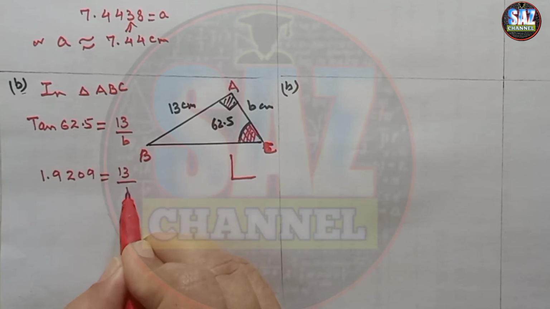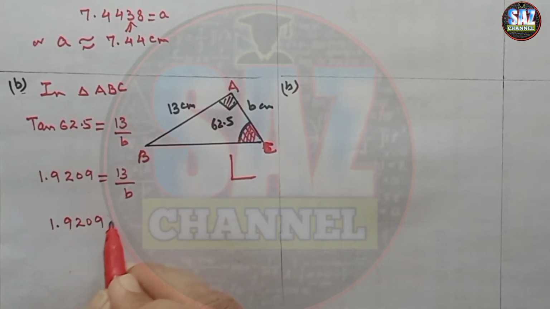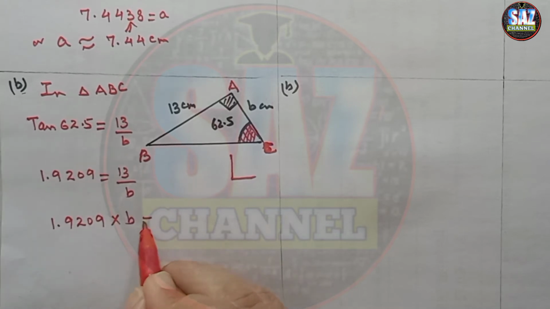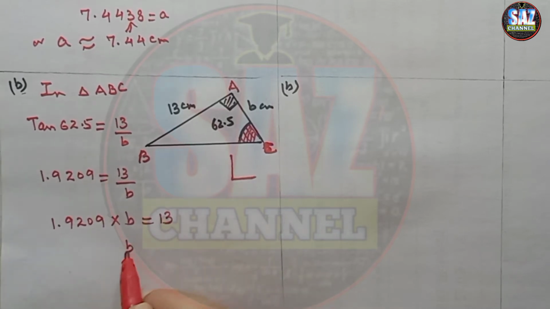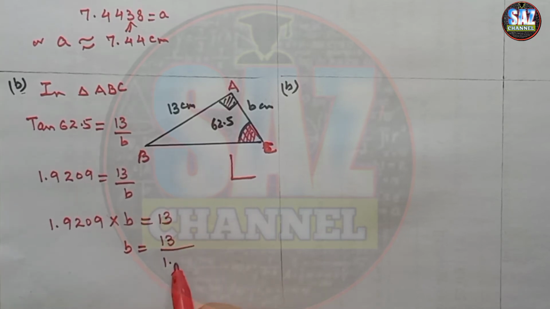13 by B. Okay, now go for cross multiplication. 1.9209 times B equals 13, or B equals 13 by 1.9209.